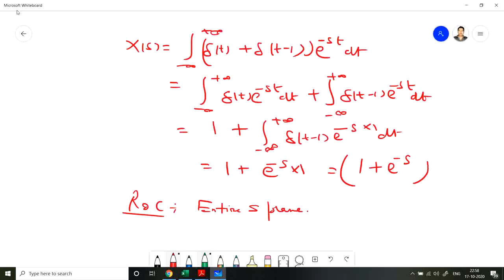Also, if we put s equals 0, then we get e raised to the power minus 0 equals 1, a finite value. When s equals plus infinity, it is 0. But when s equals minus infinity, it will not converge, so we are avoiding the s equals minus infinity value.